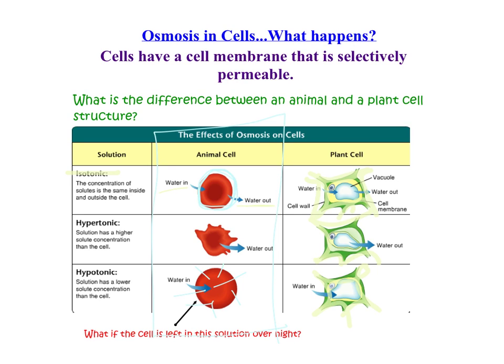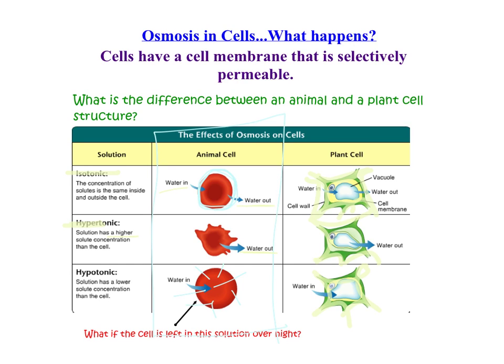Hypertonic, using the word hyper, means that the solution has a higher concentration than the cell. In this case, the water's going to move out to try to make it balanced. We're going to show you this in the lab.